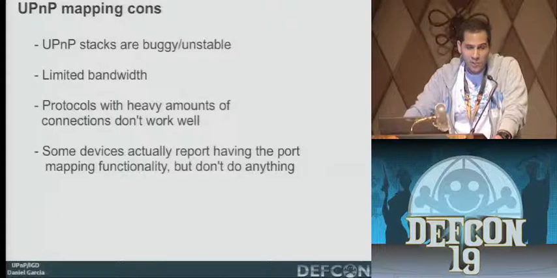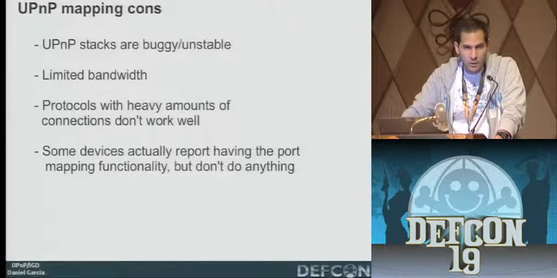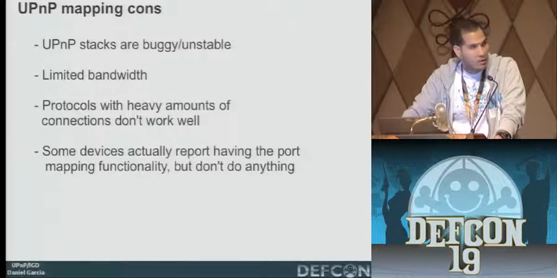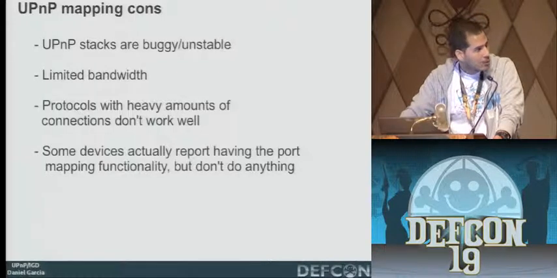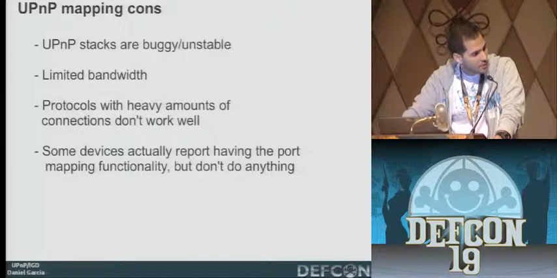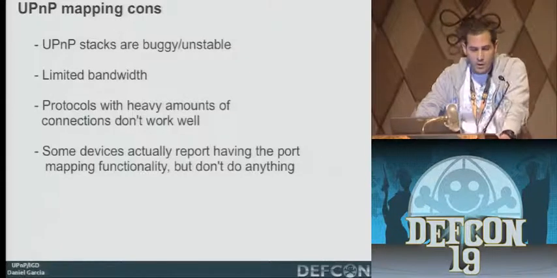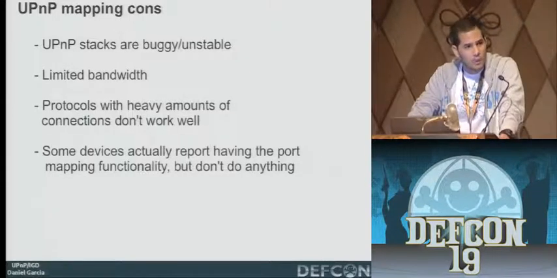But basically, UPnP stacks, even though they're supposed to follow a standard, they don't behave to the standard, and they have minor differences. The other thing is that obviously we have limited bandwidth because we're relying on the upload bandwidth of the devices. And also, we have problems with protocols that have a heavy amount of connections.